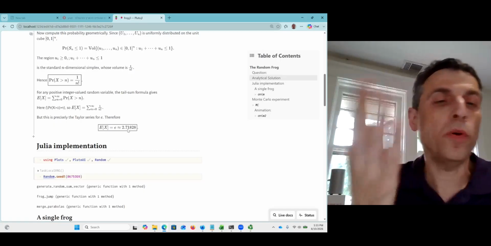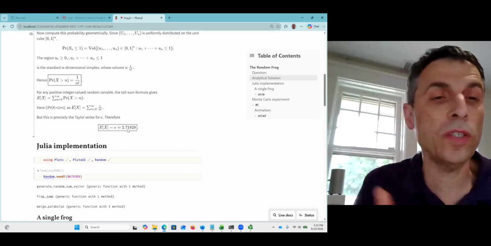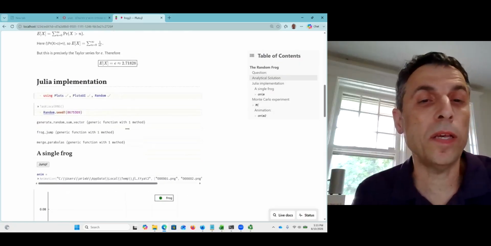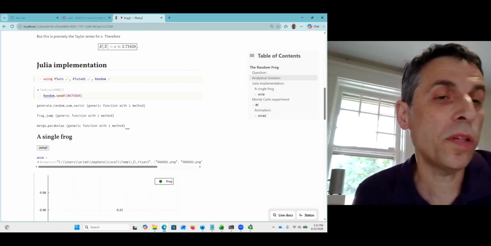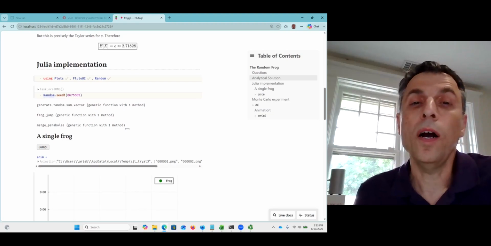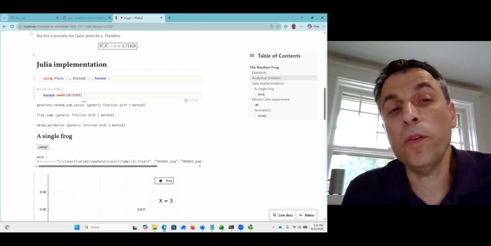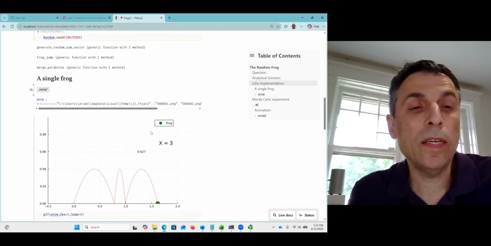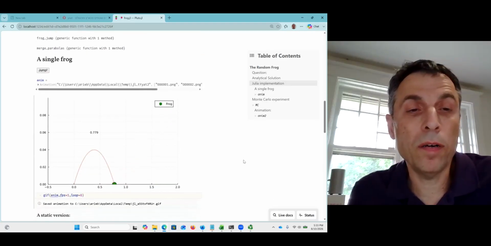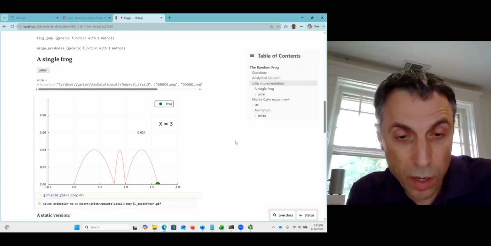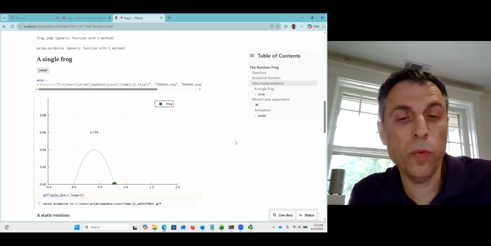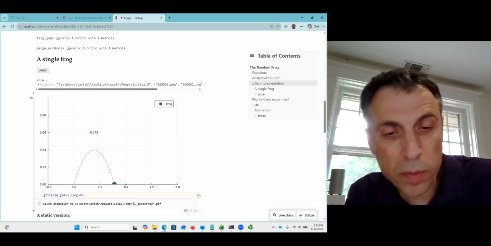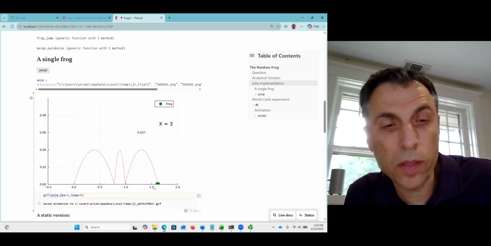So suppose we don't have that intuition and we are thinking about using a Monte Carlo experiment to see what the expected value is. So let's use Julia. Here is a single frog that passed the 1 after 3 jumps. The second jump was almost at 1, but not quite, so it required the third one.